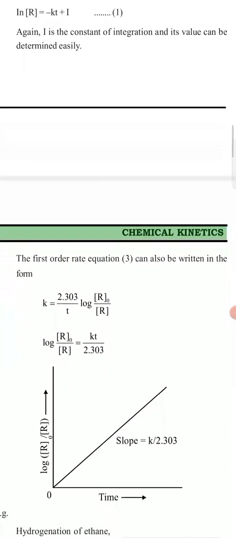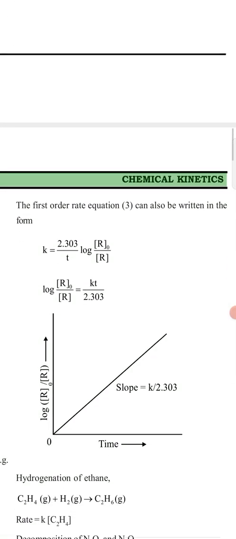And if we plot log R0 by R versus t, we get y equals mx, that kind of plot. So log R0 by R is y, m is the slope and x is t. So m equals k by 2.303, that is the slope.